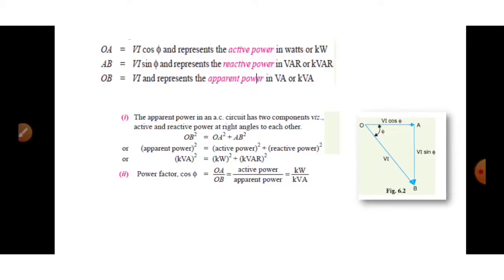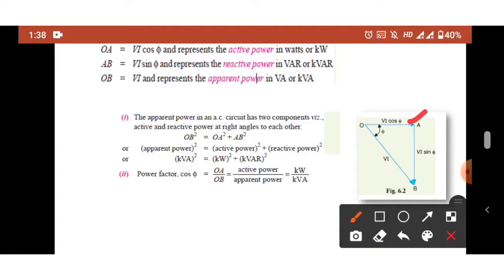OA is VI cos phi, which represents the active power in watts or kilowatt. AB represents reactive power, which is VI sin phi in volt ampere reactive or kVAR, and OB represents apparent power VI, which is expressed in volt ampere or kilovolt ampere.